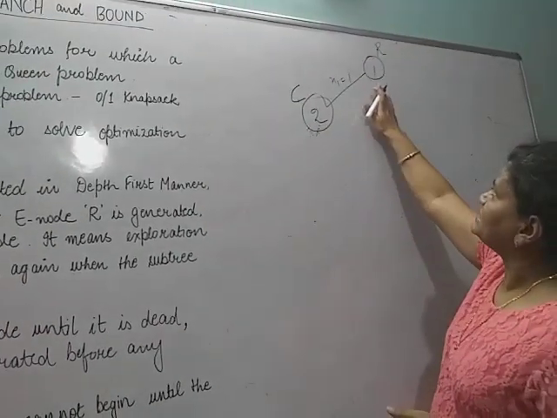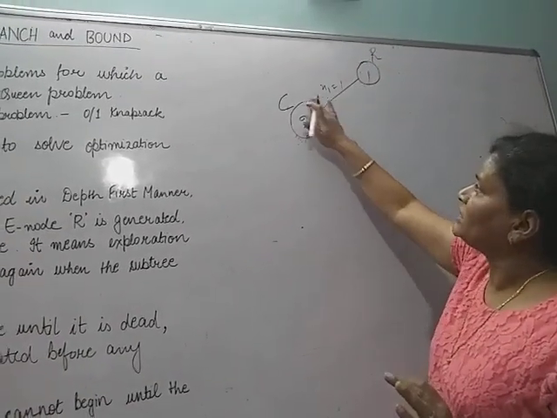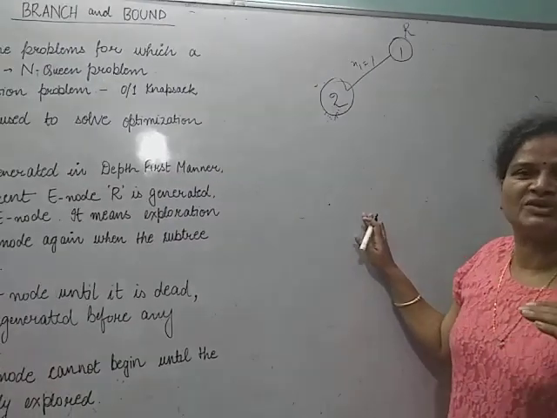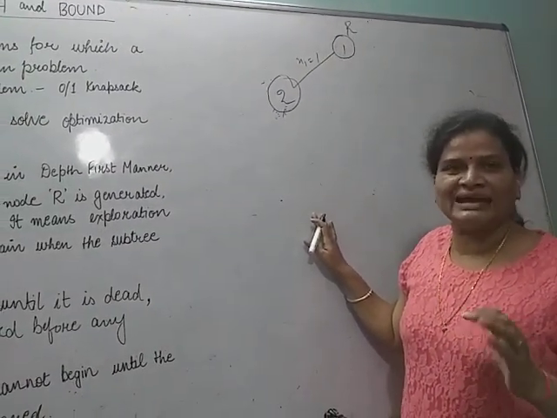See, if we take the example of the 4 queen problem, here I am taking the constraints of the rows and columns. I am not considering the diagonal constraint.